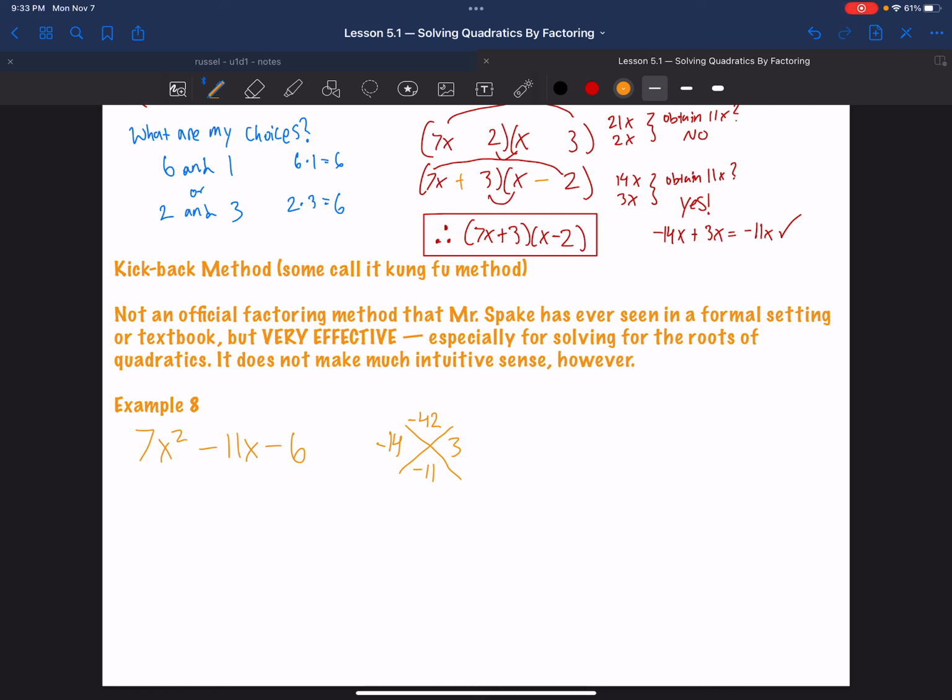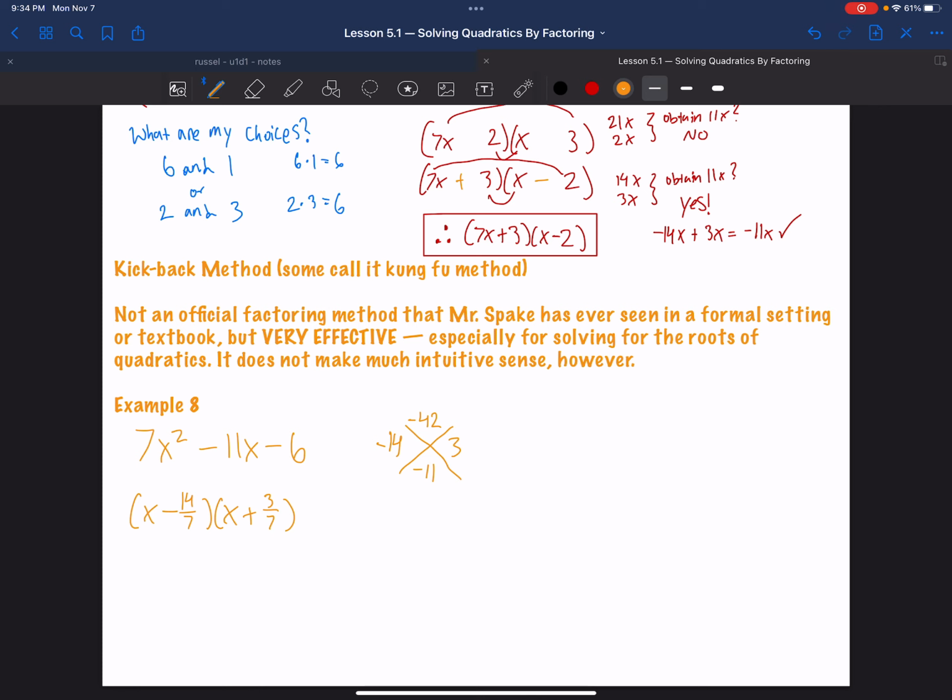Now, the way the kickback method works is instead of doing factor by grouping, where I would write 7x squared minus 14x plus 3x minus 6, and then I would group, the kickback method says, kind of like the shortcut for a equals 1, write this as x minus 14 and x plus 3, except what you're going to do is take the 14 and divide it by 7. Take the 3 and divide it by 7.